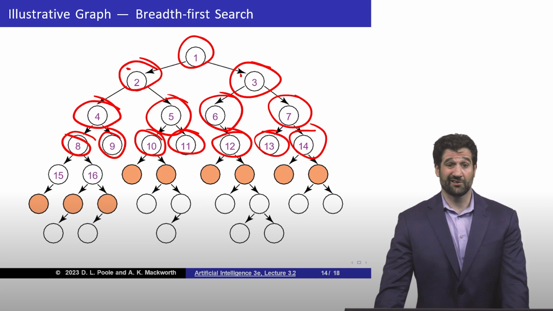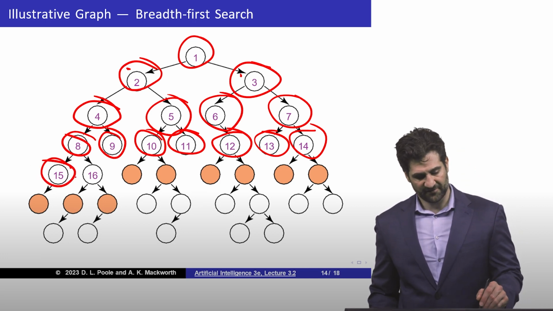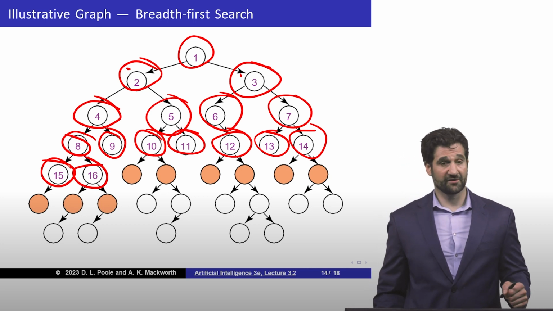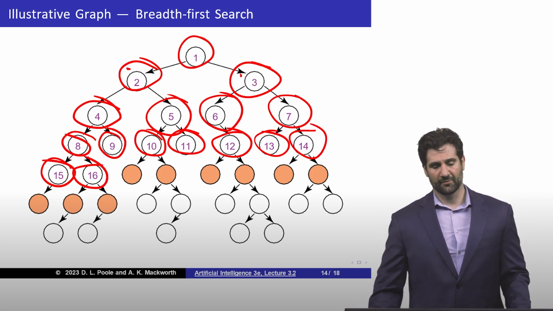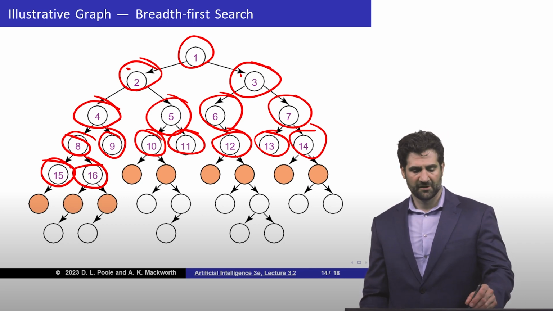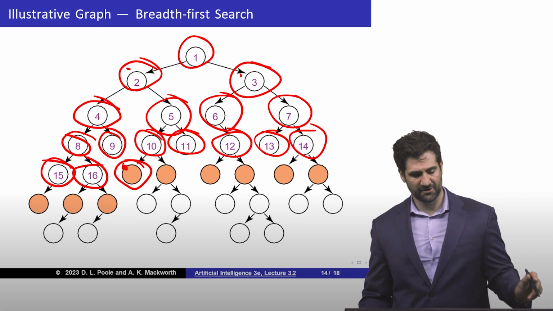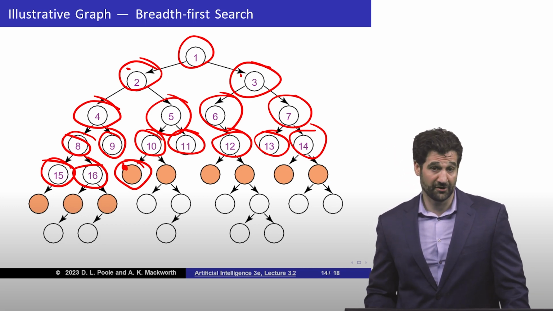I'm going to look at the oldest one, which is 8, and I get 15 and 16. Neither of them are goals. So now I'm going to look at node 10. I expanded it out, and congratulations, we got this orange node, so we have now arrived at a goal node.